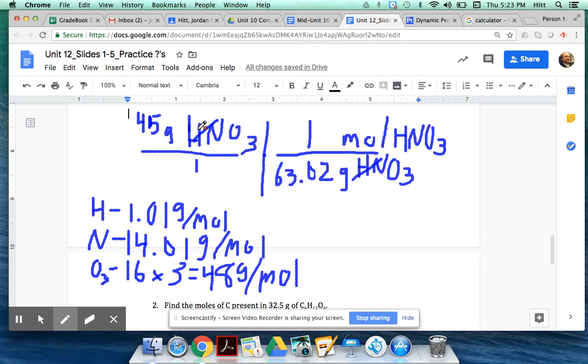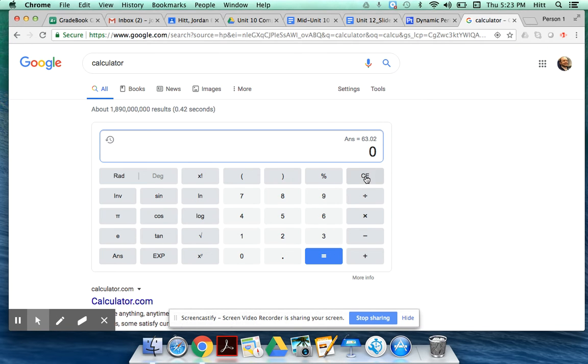These are going to cancel, the H and the NO3, and then you're going to do 45 divided by 63.02. So if I go back to my calculator, 45 divided by 63.02. We're going to say 0.71.